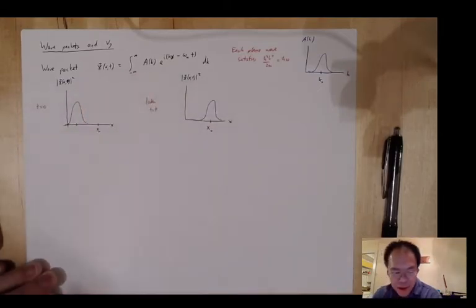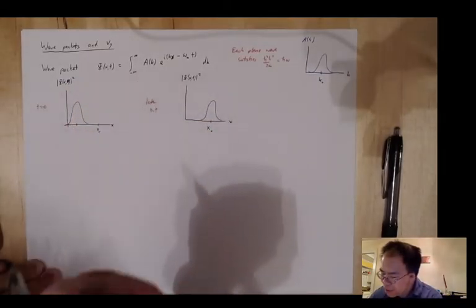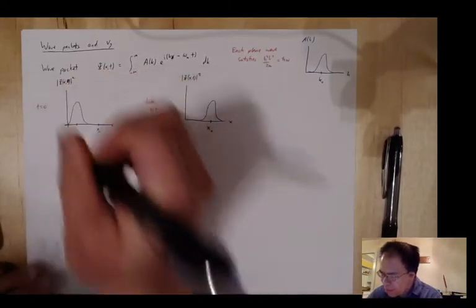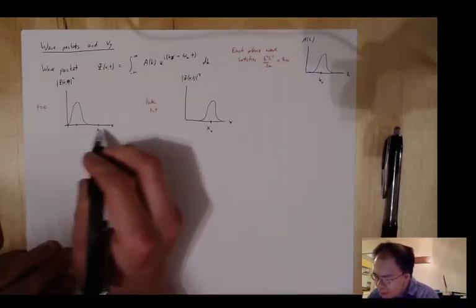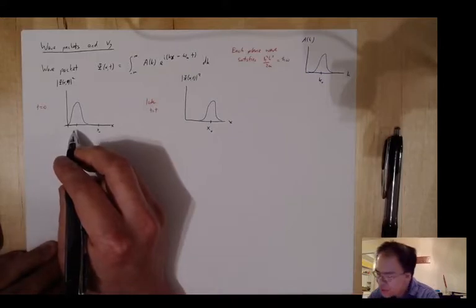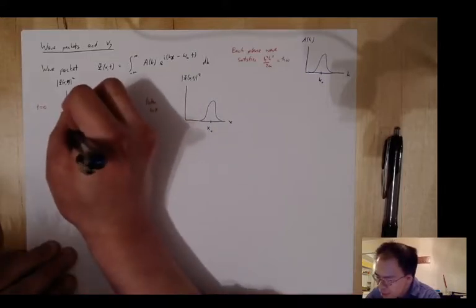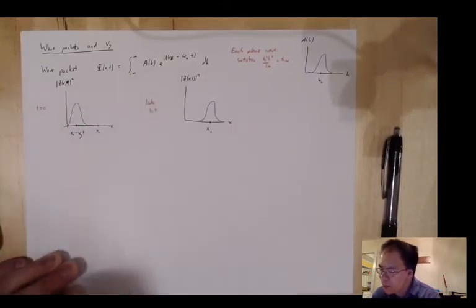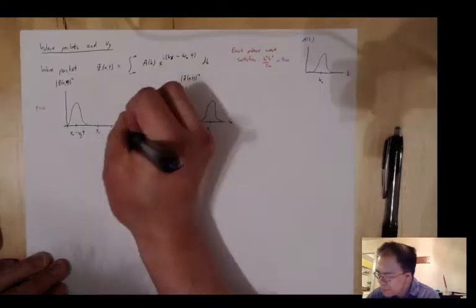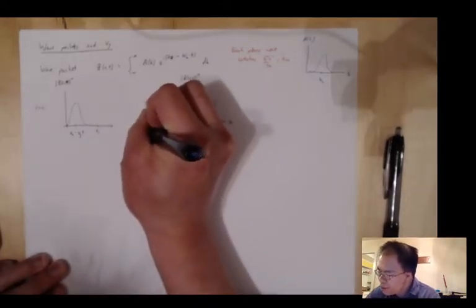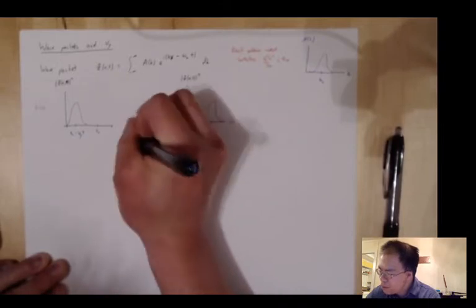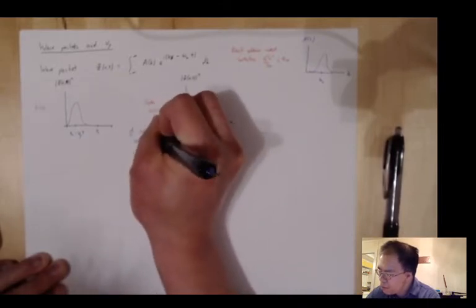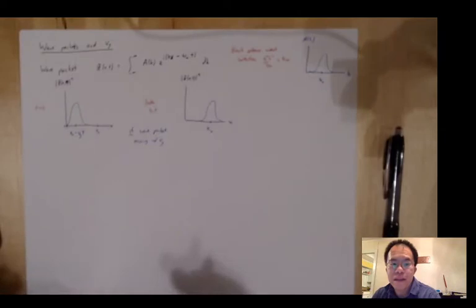In particular, I think you can convince yourself that if the wave packet is moving, it'll go a distance v group times t. So we want this to be x naught minus v group times t if the wave packet is moving with the group velocity.